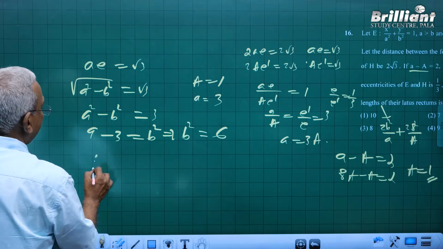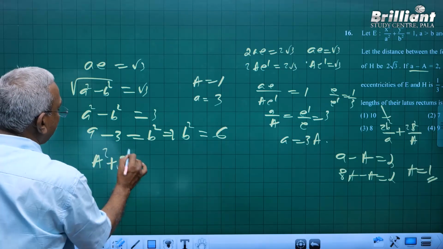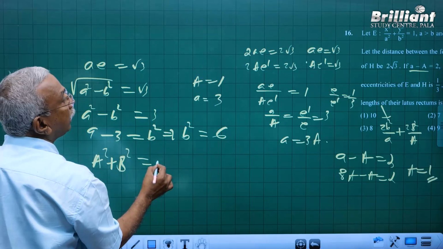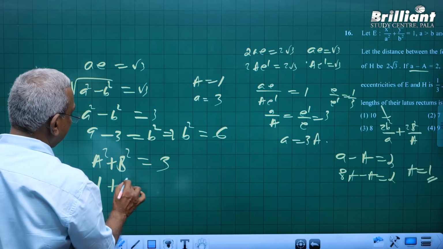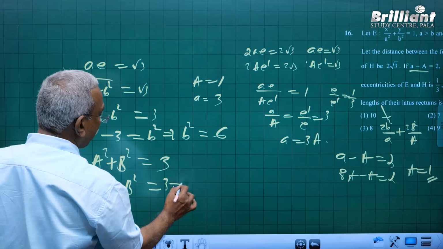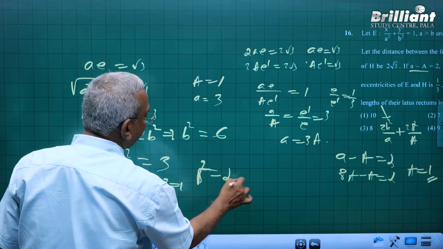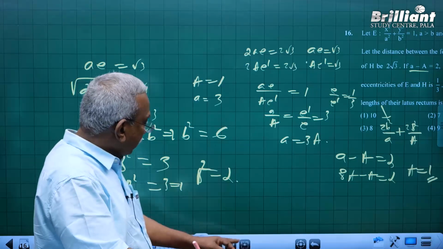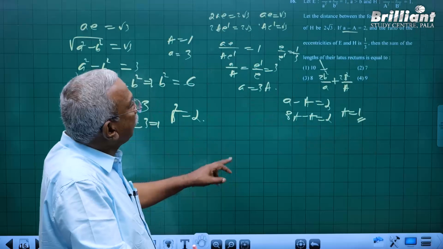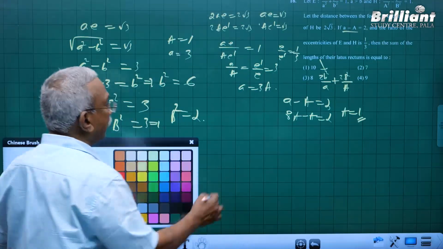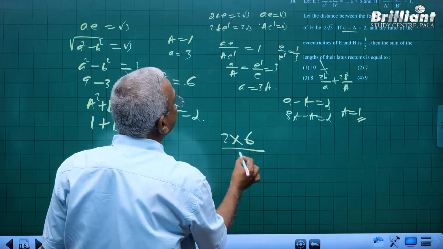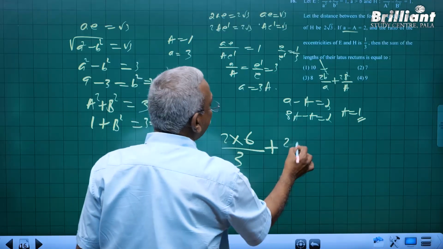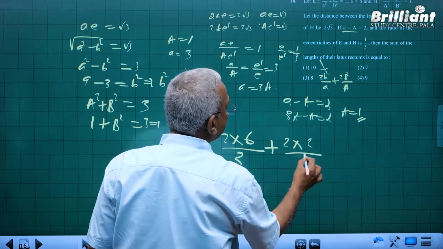Again, A square plus B square is equal to square of root 3. That is actually 3. And A square is given as 1. So, 1 plus B square is equal to 3. Implies that B square is equal to 2. Now, come back to the sum. Requirement is 2 B square by A. That is equal to 2 into B square is equal to 6 divided by A is equal to 3, plus 2 into B square is equal to 2 divided by A is equal to 1.